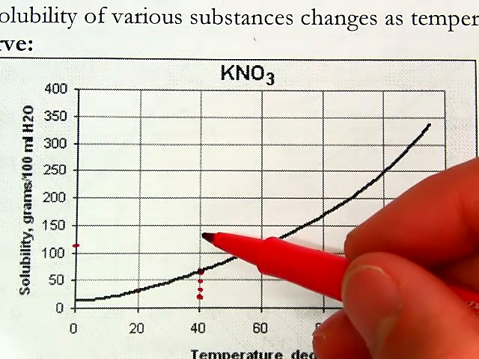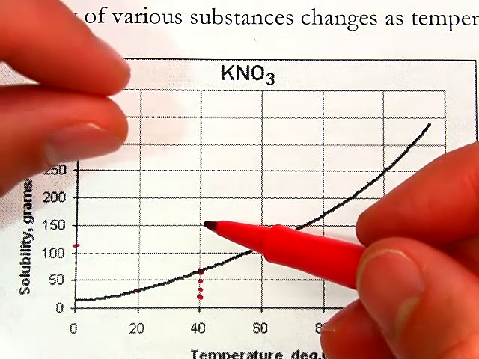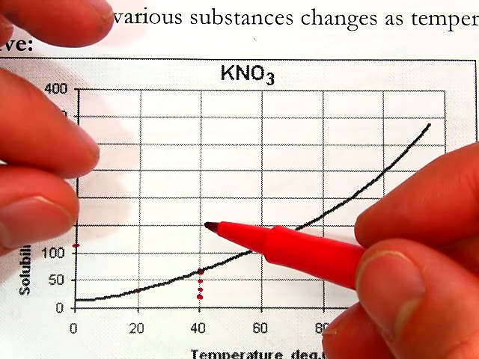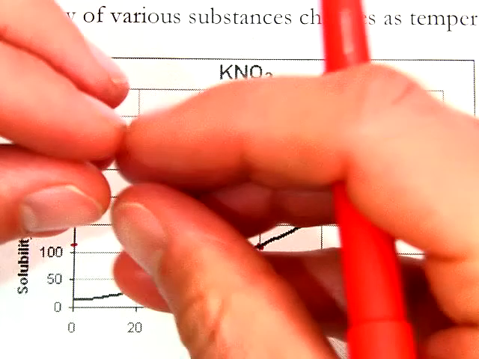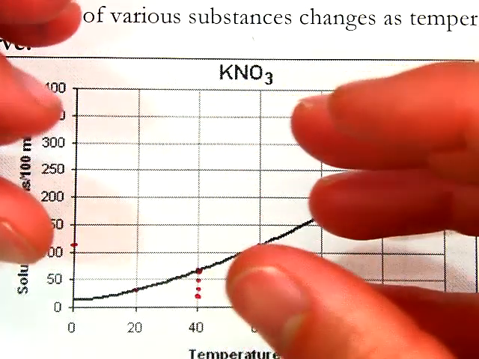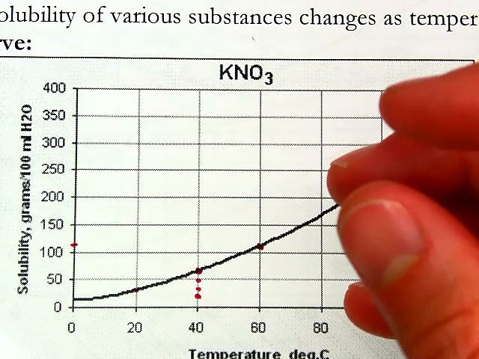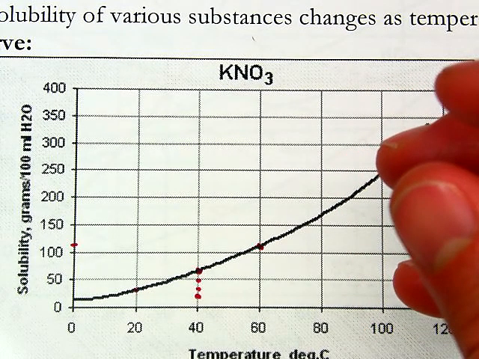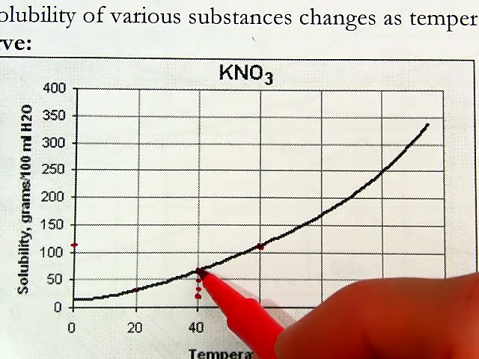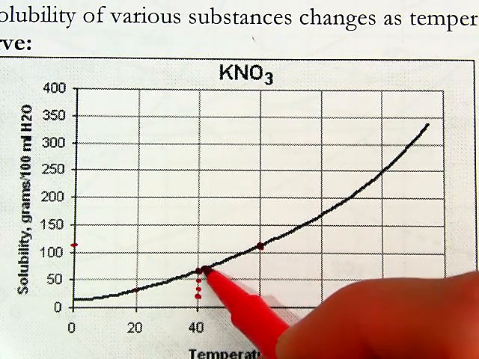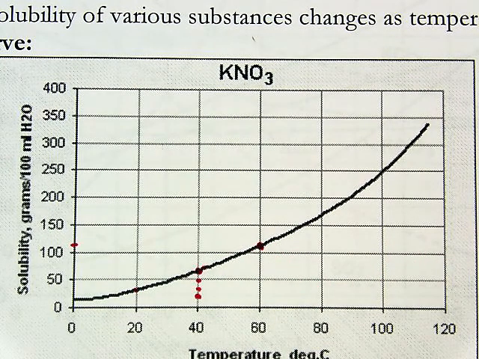If you had a supersaturated solution and you dropped a crystal of KNO3 into the liquid, as soon as the crystal hit the liquid, crystals would grow off of it, and they would spread through the liquid and crystallize back out of solution. And the amount that would come back out is the difference between where it was saturated at 60 and where it's saturated at 40.